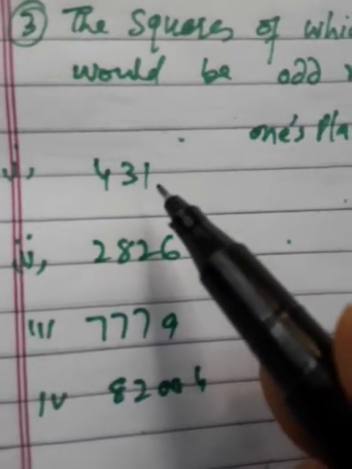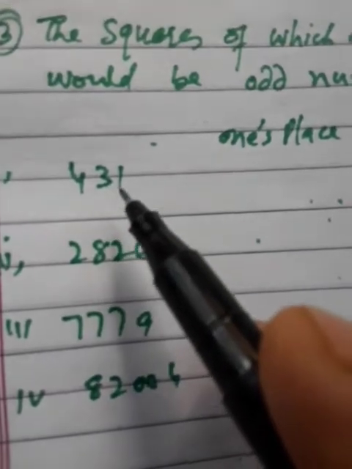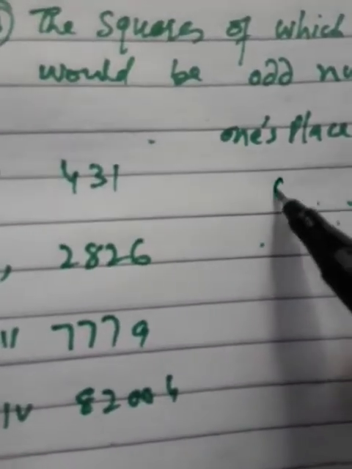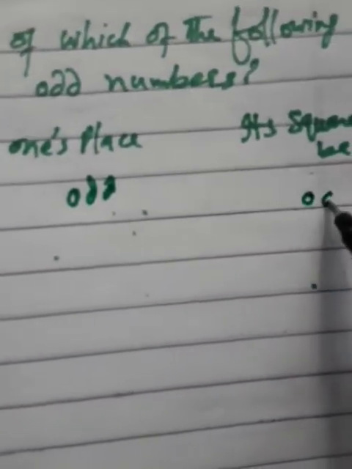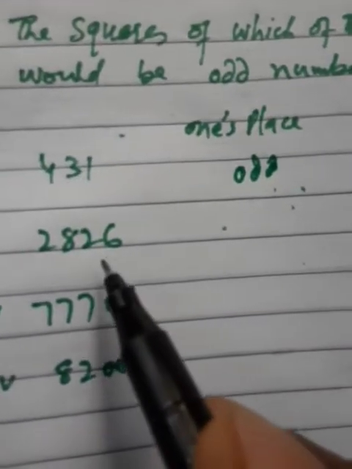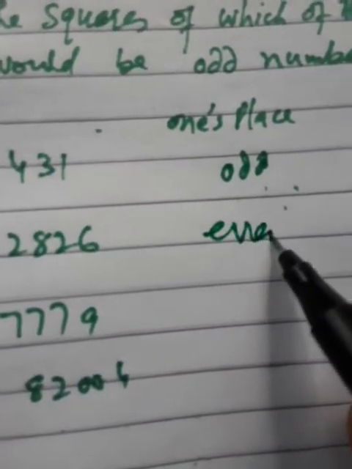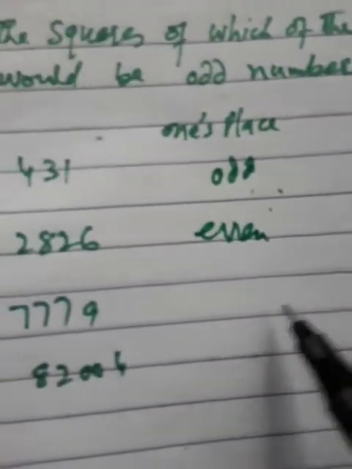It is 431. In the ones place there is 1 and 1 is odd. Implies its square will be odd. Here the 1's place is 6, it is even. Implies its square will be even.